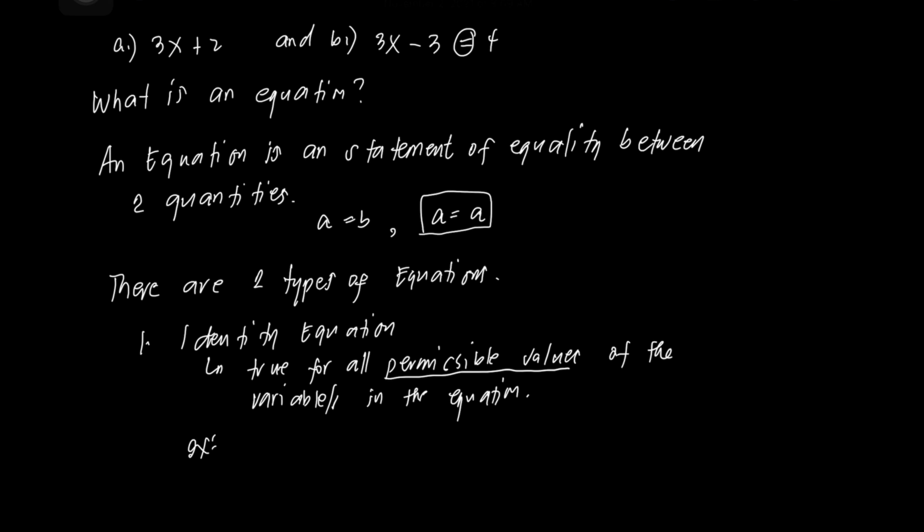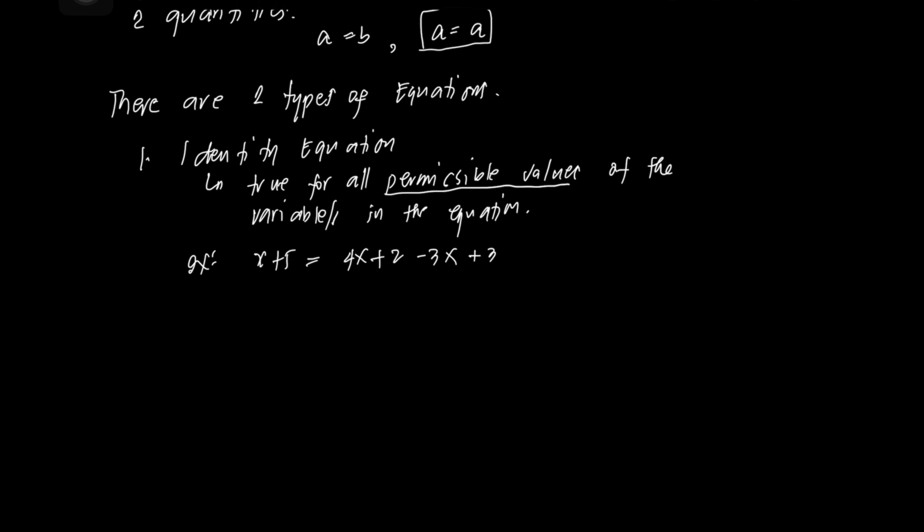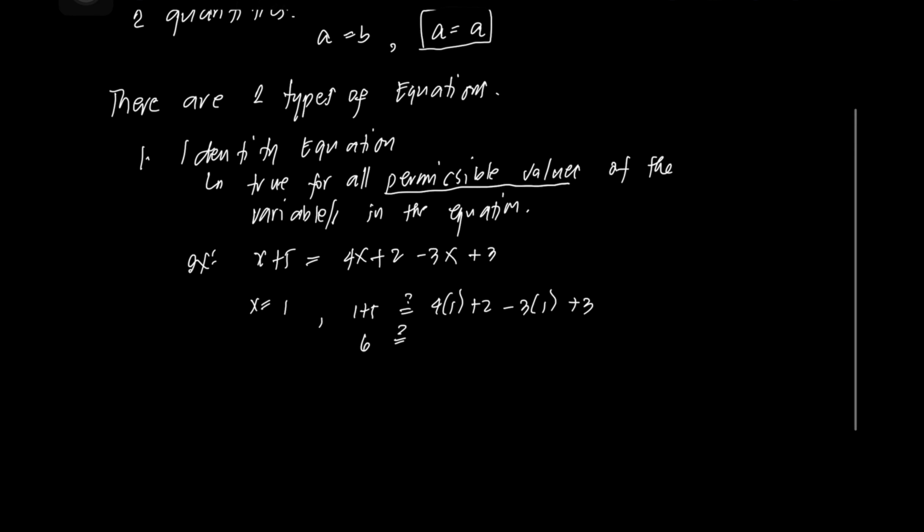Example: x plus 5 equals 4x plus 2 minus 3x plus 3. If you substitute, let's say, x equals 1, what will happen here is 1 plus 5, which is 6, is equivalent to 4 times 1 plus 2 minus 3 times 1 plus 3, which is 4 plus 2 minus 3 plus 3.